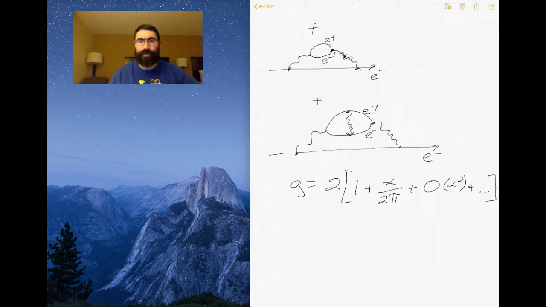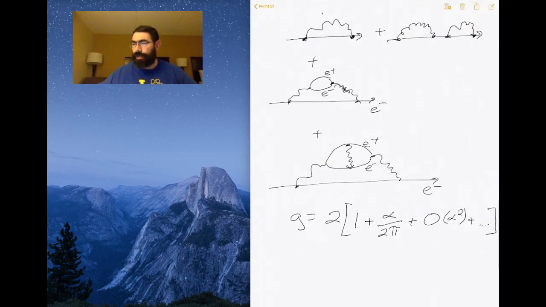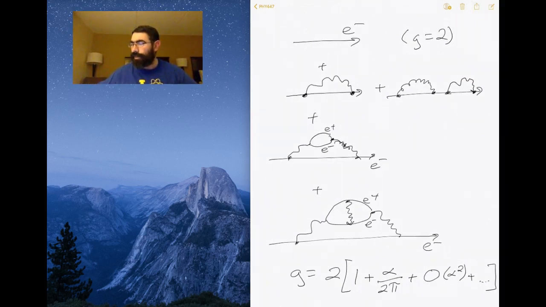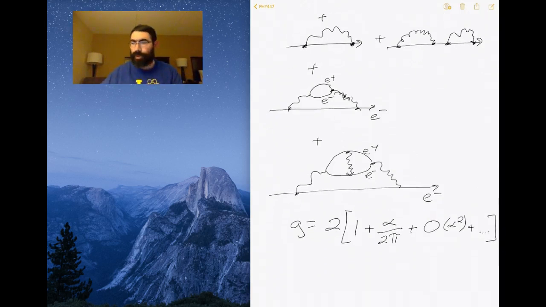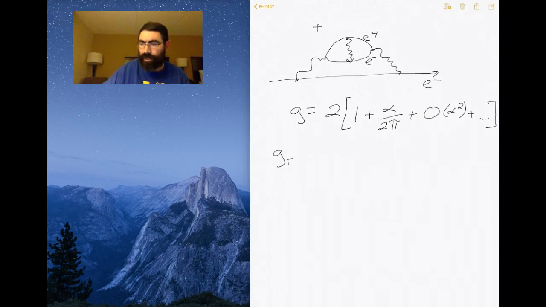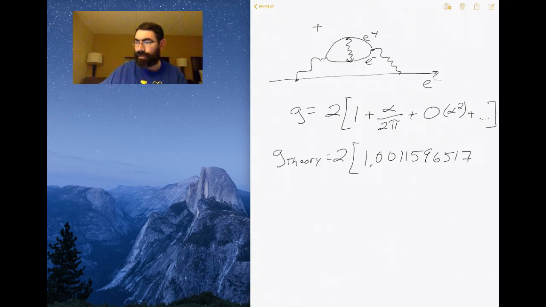And these terms of the fine structure constant come about because you would get these virtual photons, these virtual electron-positron pairs being created. And so eventually you just keep adding up those terms, and what you get is that number now calculated from theory of 2 times 1.0011596517 plus or minus 22, calculated from theory.